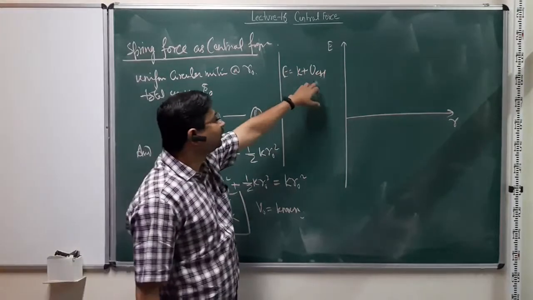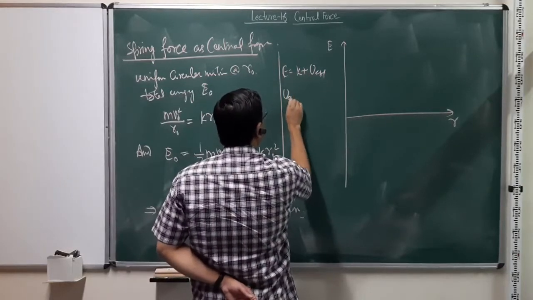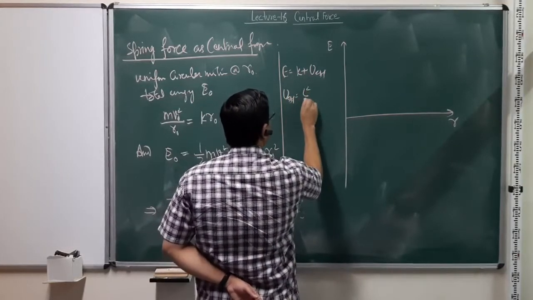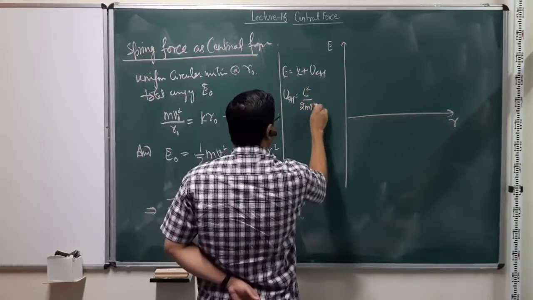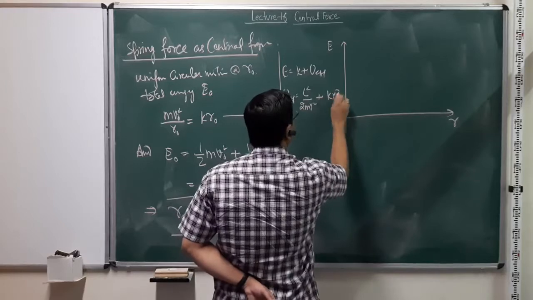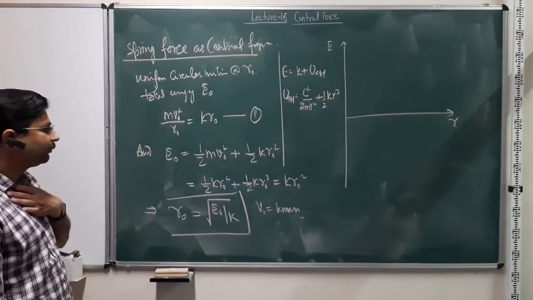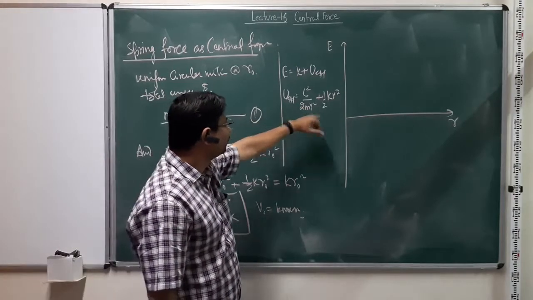And effective potential energy includes the angular momentum component. So U effective is L squared over 2m R squared plus U(R), which is half k r squared in this case. So this is the effective potential.